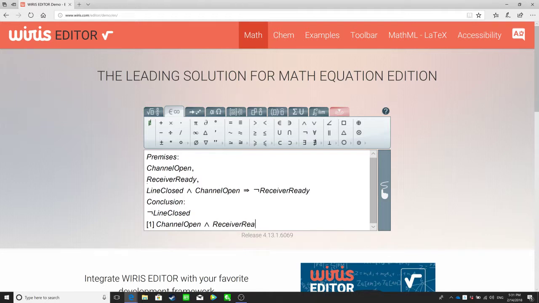Receiver ready, right? And what else? Imply? And line closed. Actually, it's better to put this thing here, so we copy and paste it into this place.